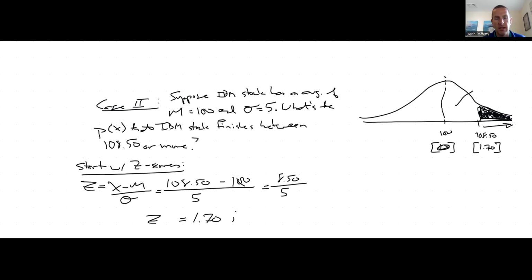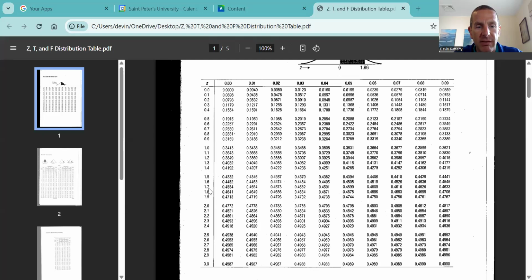So if the z-score equals 1.70, then what's that area? I can go find it in the table.